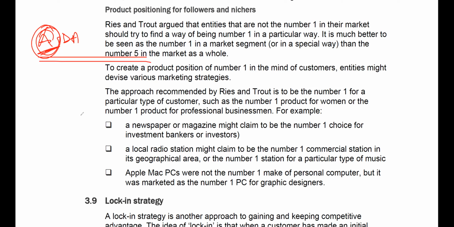Now, with the approach recommended by Ries as being number one for a particular type of customer, MTN has a core package called AFA, which is specifically for farmers and women who are into agribusiness, where they can call each other for free and they can have some low-cost credit to call other networks.